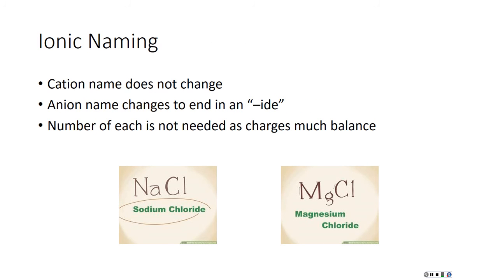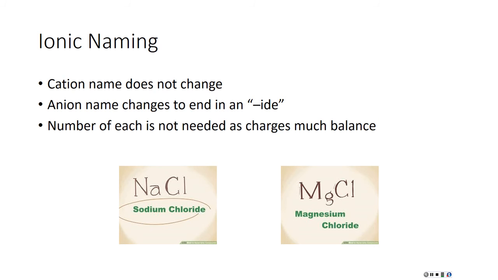Now, naming ionic compounds. Naming of ionic compounds breaks down to 2 basic ideas. And really, the first one's kind of silly. To name an ionic compound, the cation name stays the same. So this is the metal component.